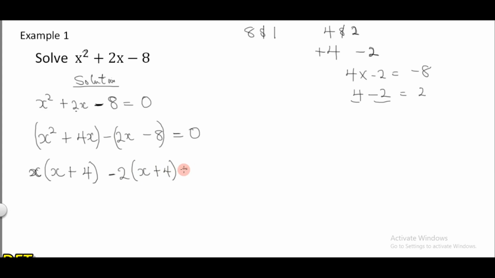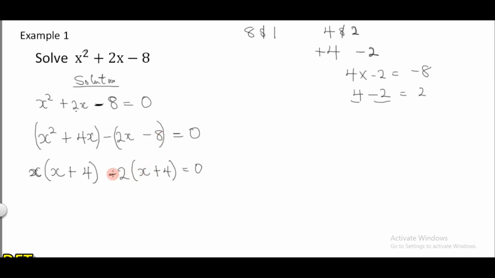Remember this: whatever you have within the bracket here must be equivalent to what you have within the bracket here. So minus 2 times x gives minus 2x, and minus 2 times 4 gives minus 8.